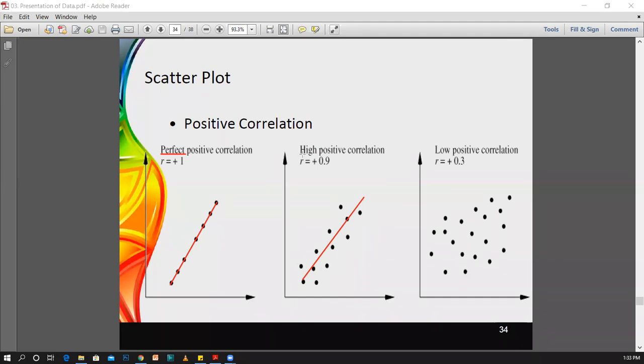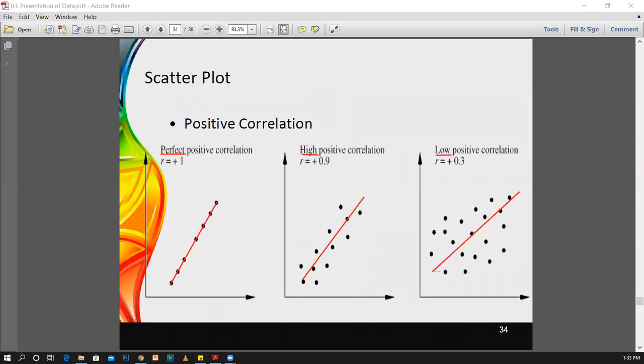And if you consider the third graph, here still you can identify a line in this way, but you can see that the points are now somewhat deviated from this line. Since the points are somewhat deviated from this line, you can say that there is a low relationship.